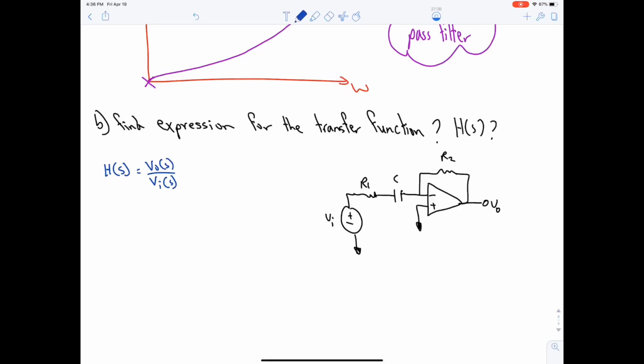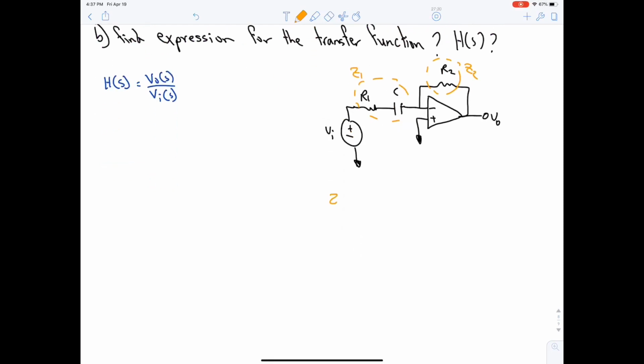We said with op amps we need to break it into two parts, Z2 and Z1. What is Z1? Z1 is the resistance in series with the capacitor, right? And Z2 is only R2.